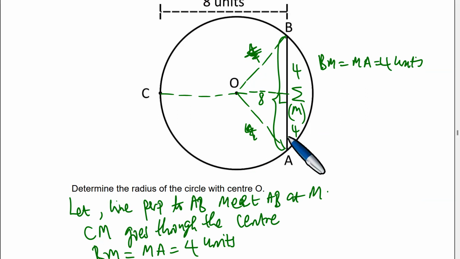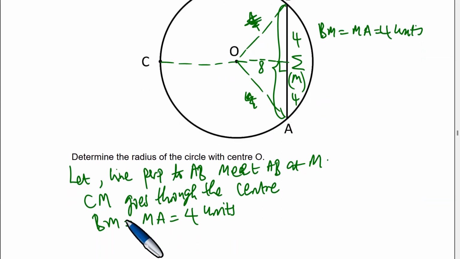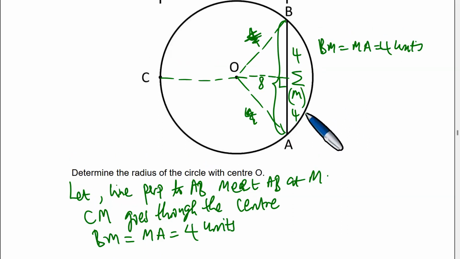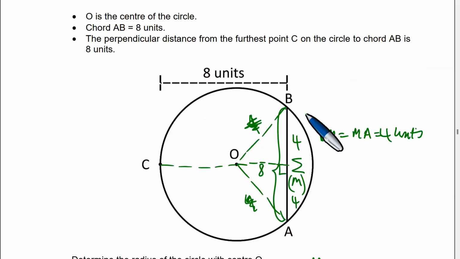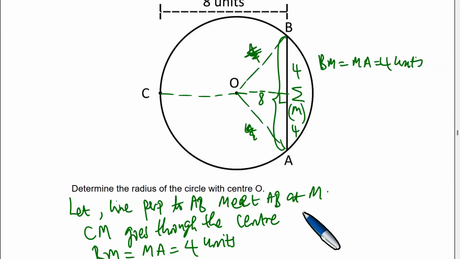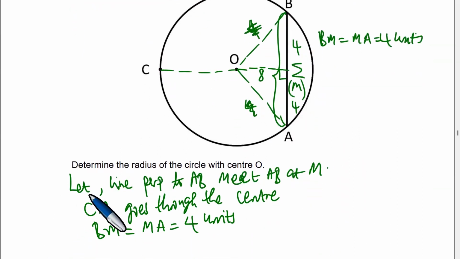Why are BM and MA 4? Because you already know that AB is 8. So we cut 8 into 4 units. Why is BM equals MA equals 4 units?